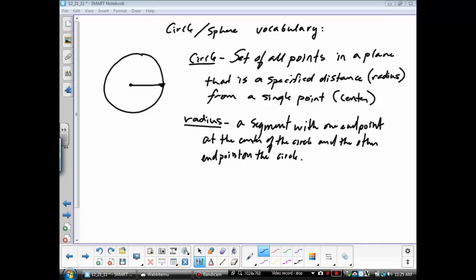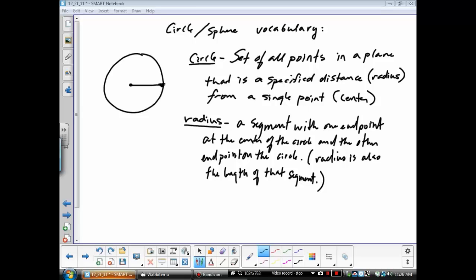A radius is also the length of that segment. The word radius refers to both the length and the segment.